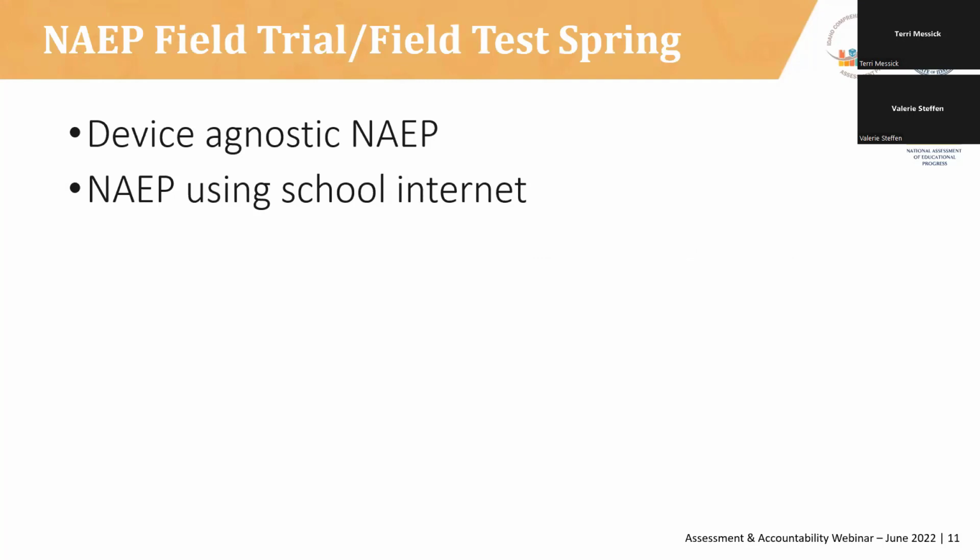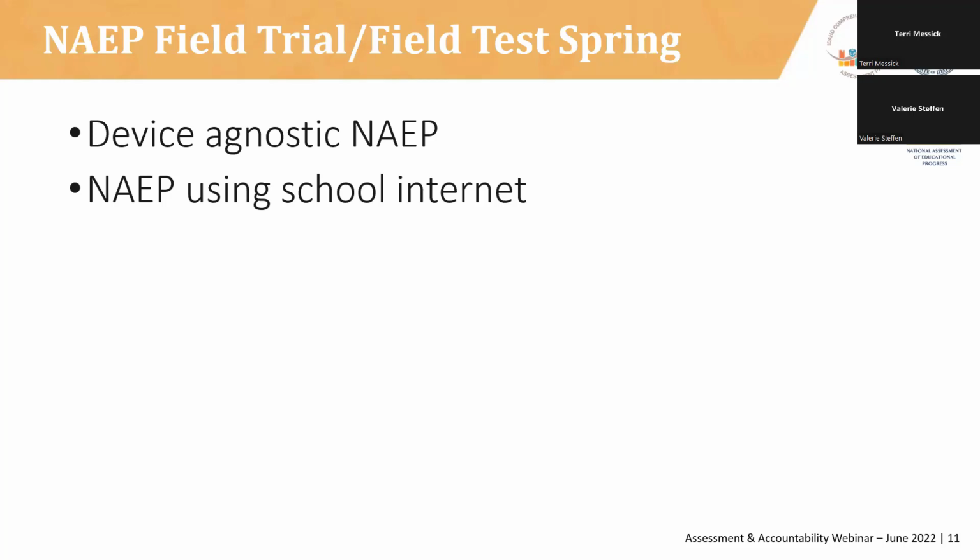Going forward to NAEP springtime, the National Center of Education Statistics and the National Assessment Governing Board are beginning to explore the options of device-agnostic assessment, as well as assessment using the school's internet. These steps are necessary for two reasons. One, more students are transitioning to online learning in the public school system nationally.